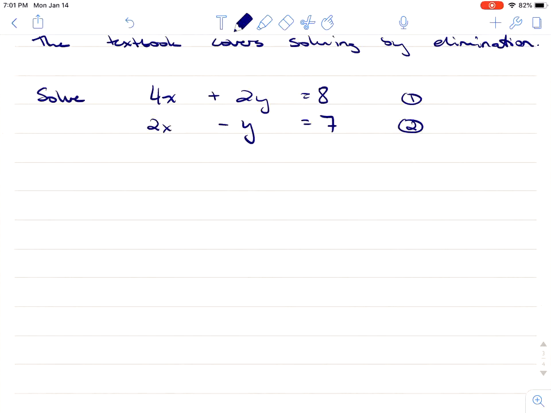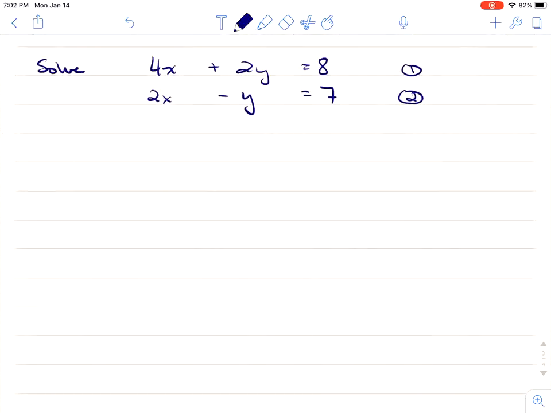But with a little bit of foresight, that's going to get us 8 minus 2y, and then we have to divide that by 4. 2 divided by 4 gets a little nasty. I don't like to deal with fractions, so I'm going to avoid it. The easiest way to avoid that is to go for the simplest variable. Again, it doesn't matter which way you do it, you'll get to the same answer.